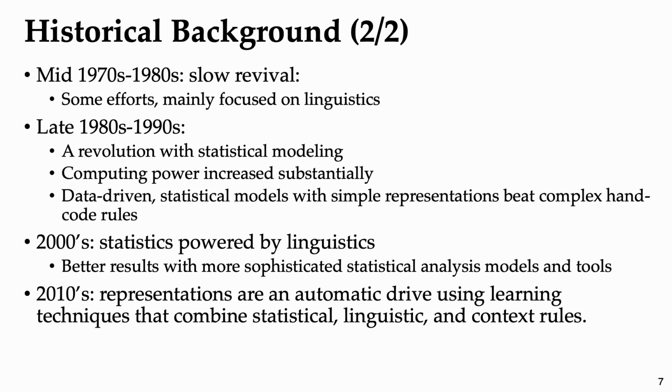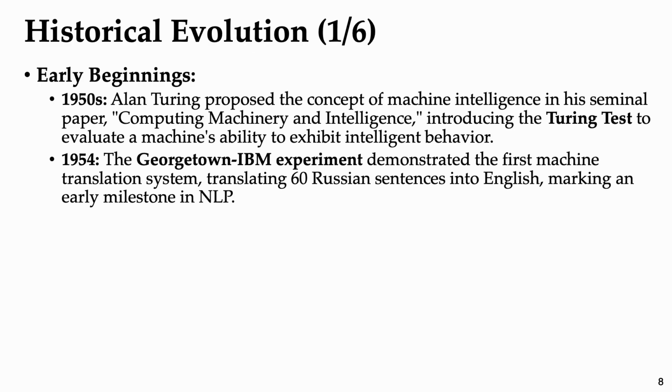Okay, other questions? Okay, so in compute terms, we are not here for a history class. So in compute terms, the early beginnings for computer scientists started in the 1950s with Alan Turing proposing the concept of machine intelligence in his work, Computing Machinery and Intelligence, introducing what we call the Turing test to evaluate a machine's ability to exhibit intelligent behavior. That is what we know of the work of Alan Turing.